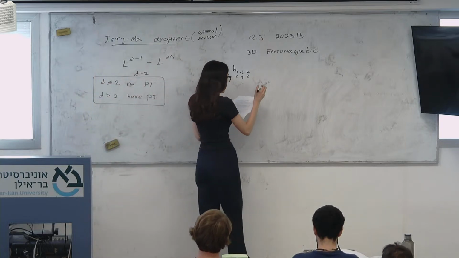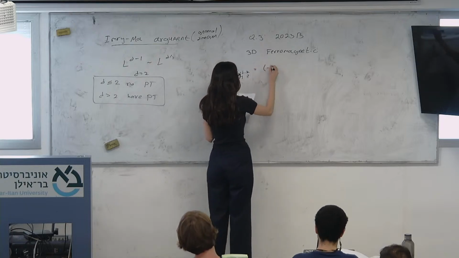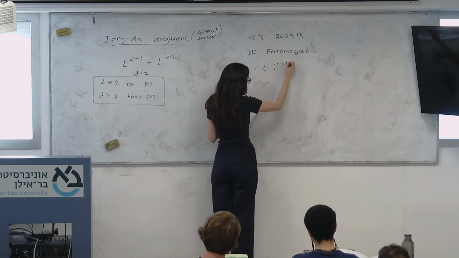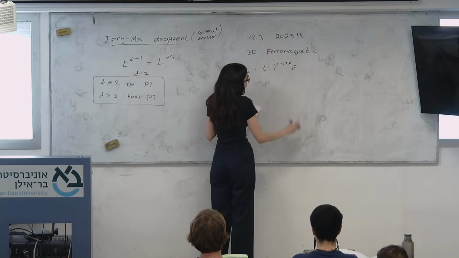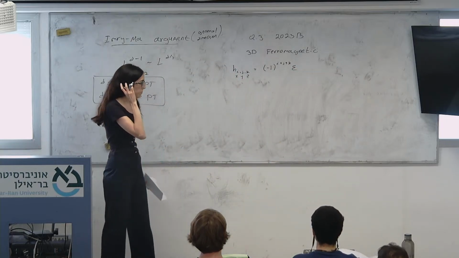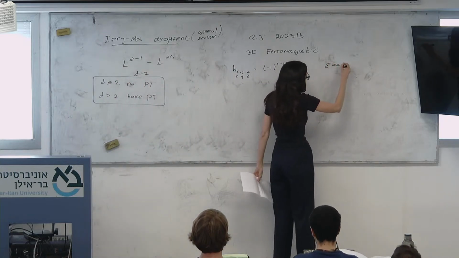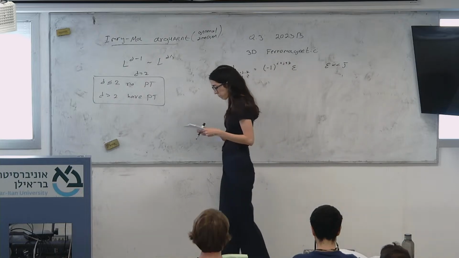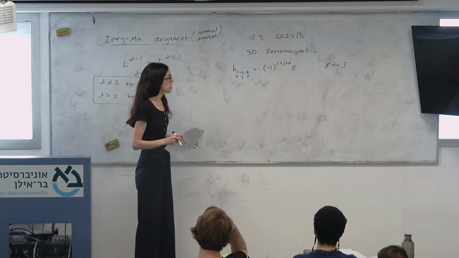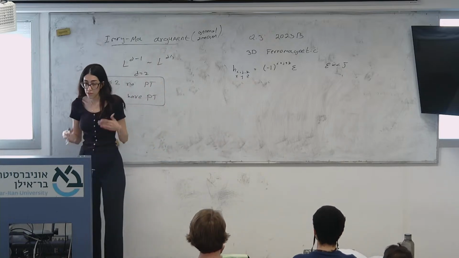So the random field is given by -1 to the power of I plus J plus K, multiplied by some unit of field epsilon, where epsilon was much smaller than J. And the question is, is the system going to undergo a phase transition or not at a finite temperature?